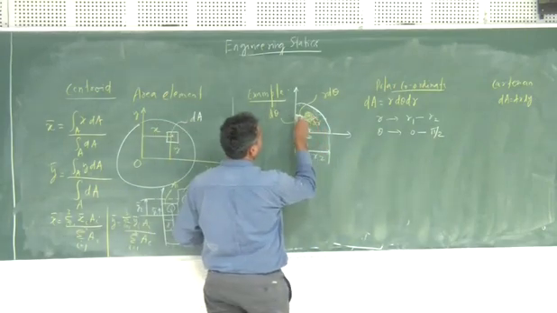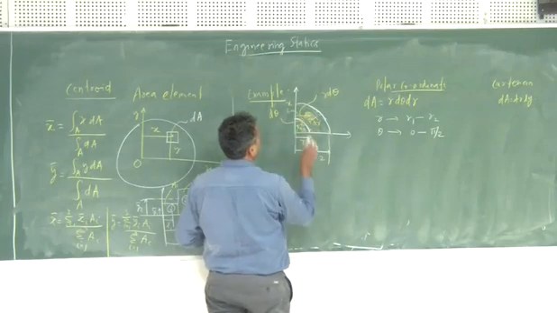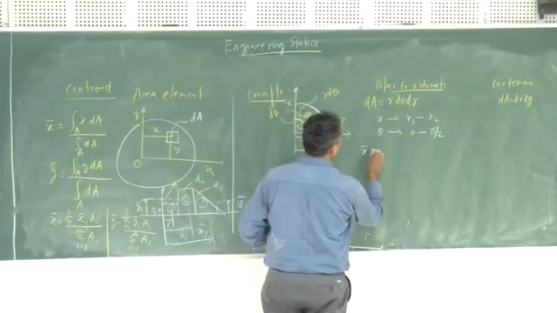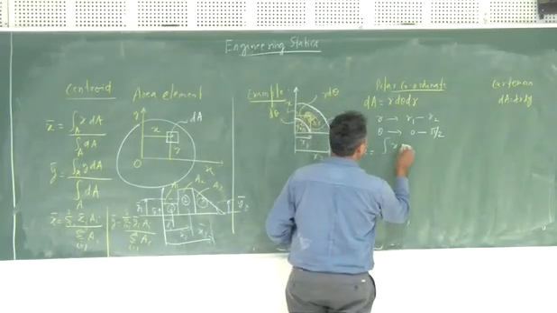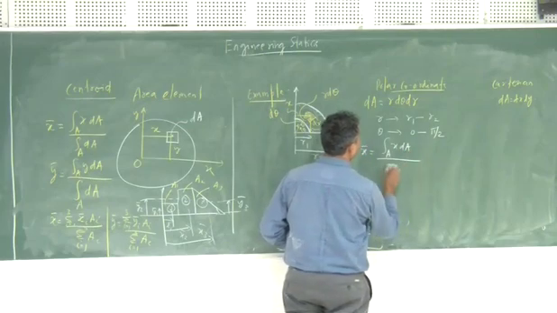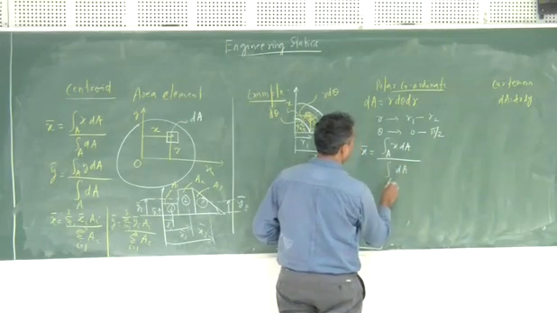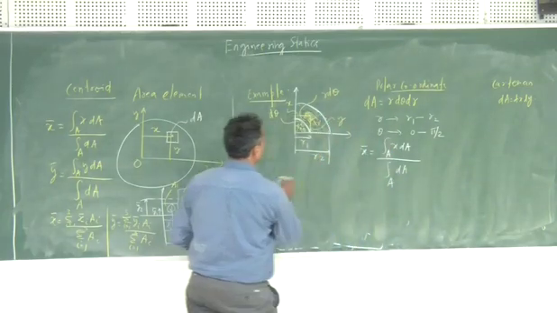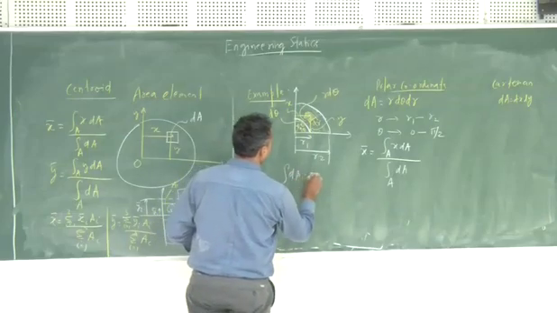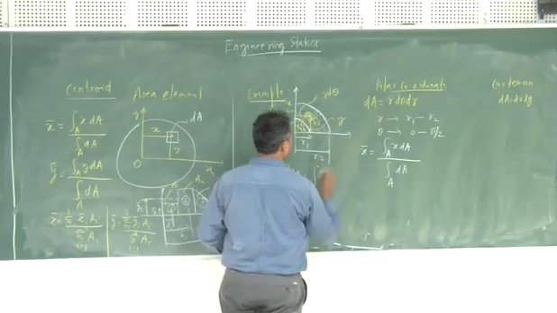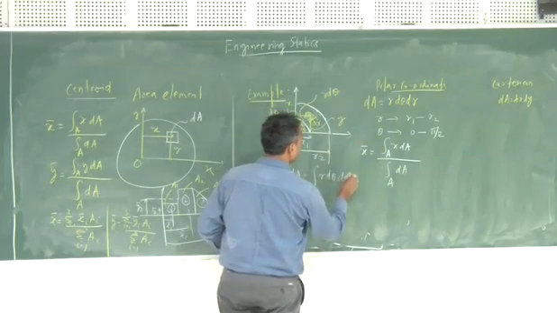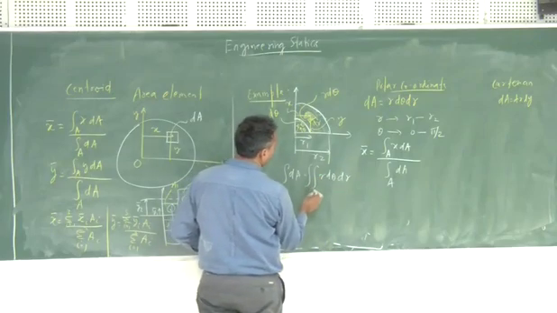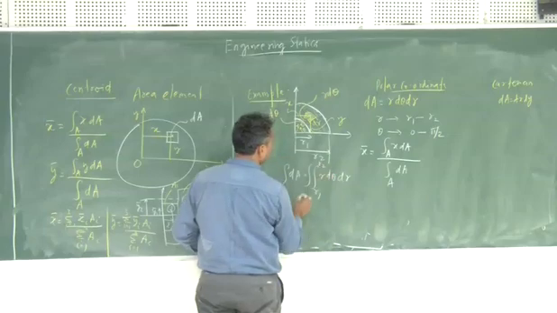Let's say the position of this x, the position of this. So first find out total dA. Find out total dA. R is varying from r1 to r2.